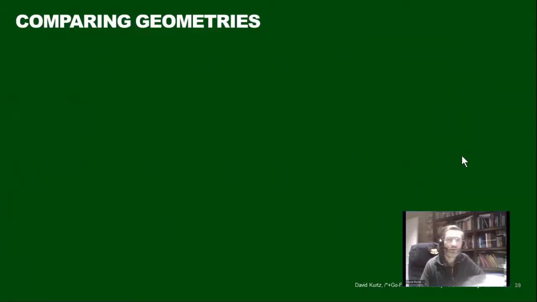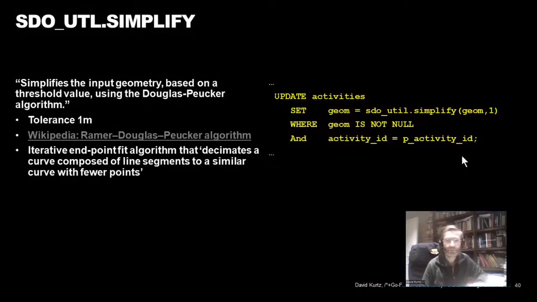Which brings me on to the wider questions of comparing geometries. Some of them get quite big, and they can be slower to process. So I tend to simplify them down, which is just depopulating excessive points.